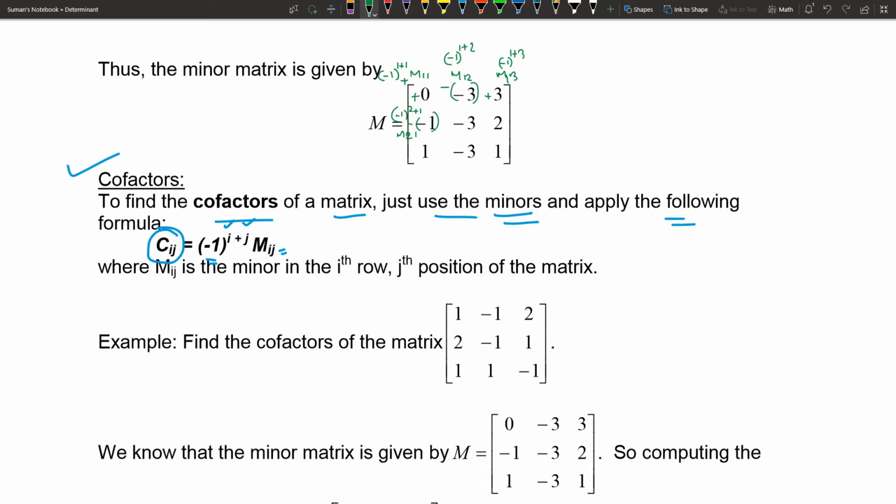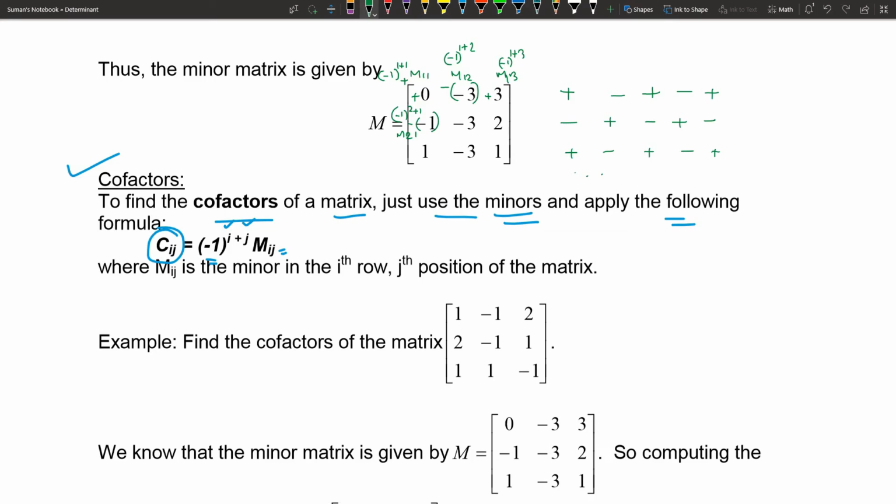So we are getting minus of minus 1. So in that way, plus, minus, plus, minus, plus, then minus, plus, minus, plus, minus, once again plus, minus, plus, minus, plus, and so on. So whatever minors we are getting, that is very important for that particular cofactor matrix.